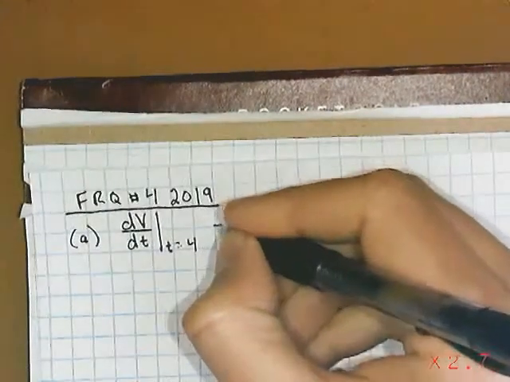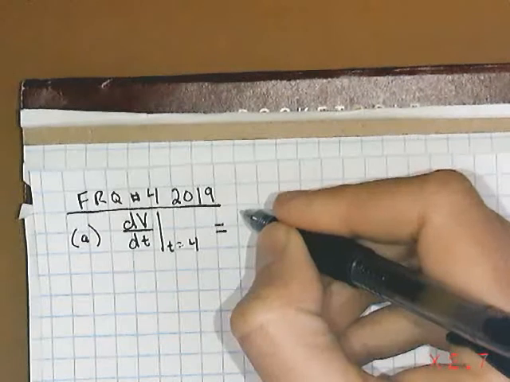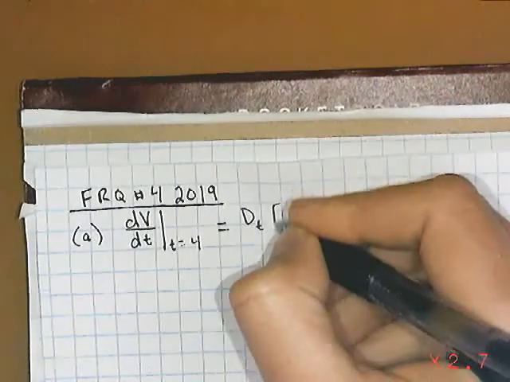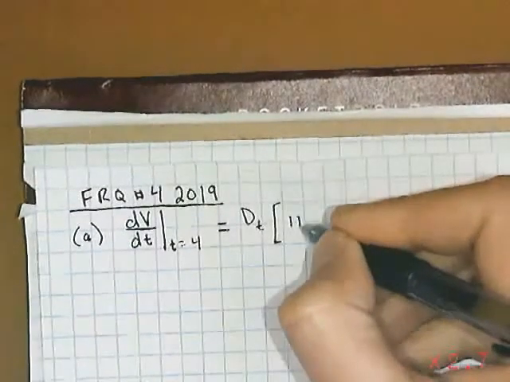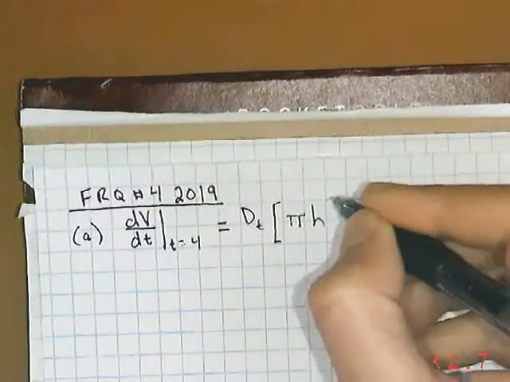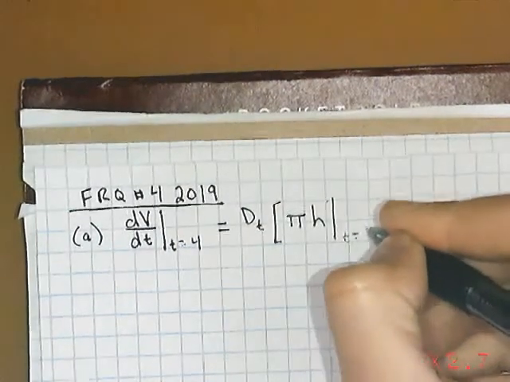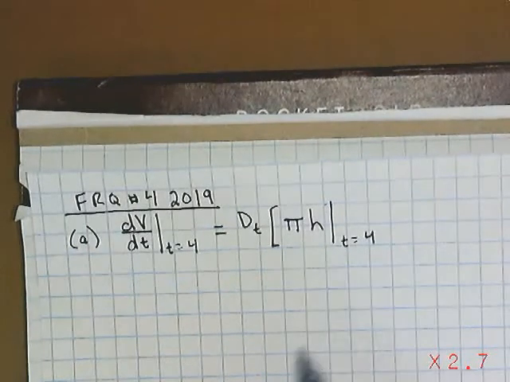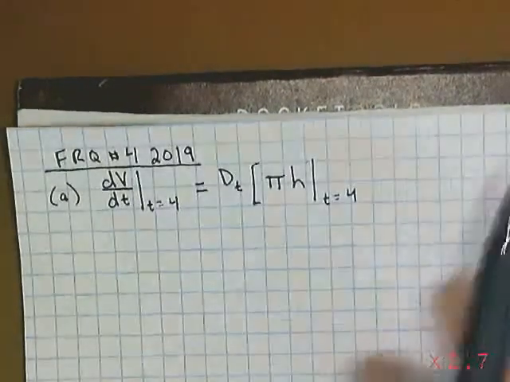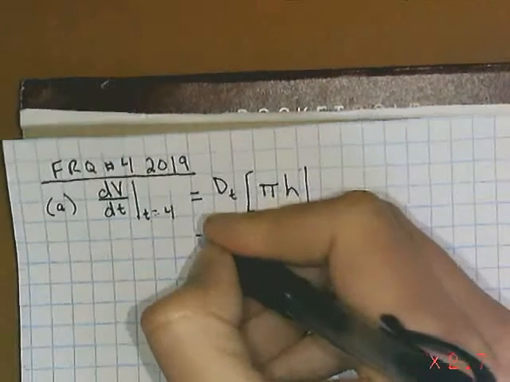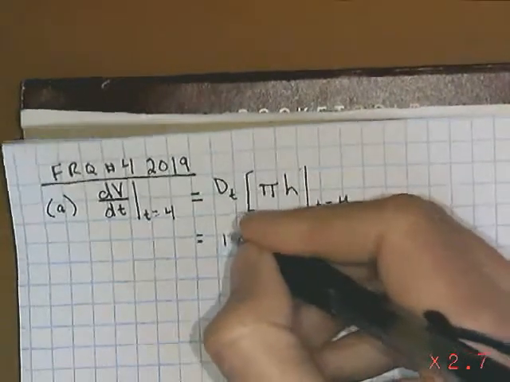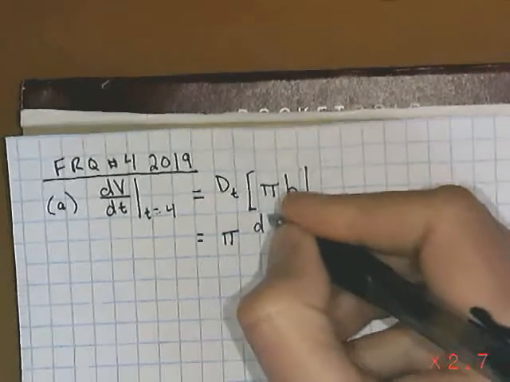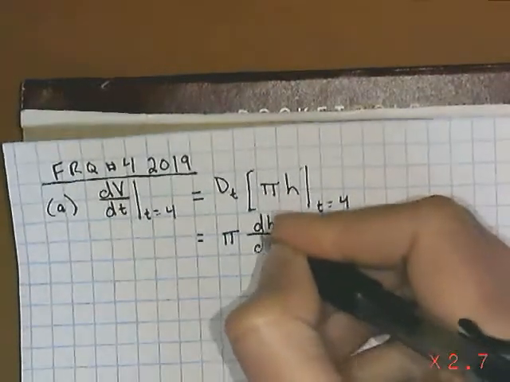And so this is going to be equal to, let's go, the derivative with respect to t of the volume, which we said is pi h, and we specifically want this when t equals 4. Okay, so we just need to differentiate on the right side and plug in a 4 and see what happens. Well, if we differentiate the right side, nothing happens with our pi because that's just a constant. The derivative of h with respect to t is dh/dt.